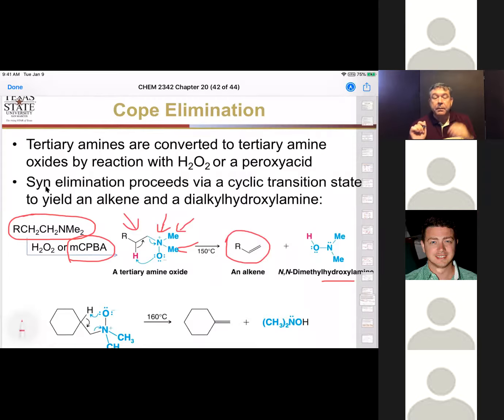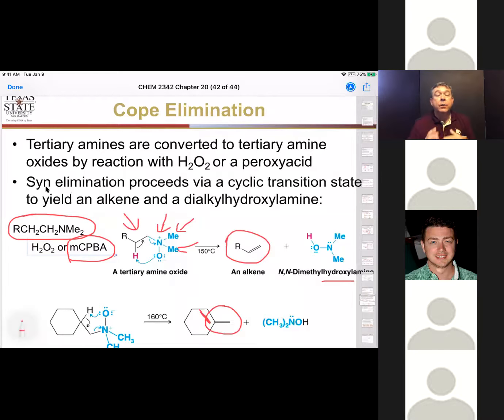Because we've selected exactly where that nitrogen is going to leave from, we do not have a carbocation intermediate, and we do not get rearrangement. Therefore, the double bond is always going to be formed where that nitrogen was and at the most readily available beta hydrogen. So we can end up with things like having our double bond outside the ring, whereas if we try to do a dehydration with an alcohol, we would always end up with the more substituted one, where the double bond would be in the ring.